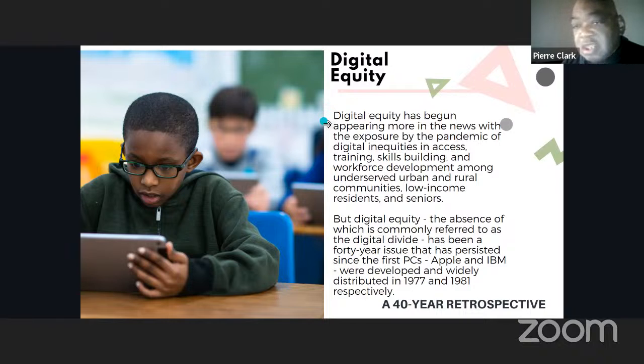And so, of course, recently, we've heard a lot about digital equity, and in some ways, we're hearing more about it now than we ever have, even though it's been around for more than 40 years.